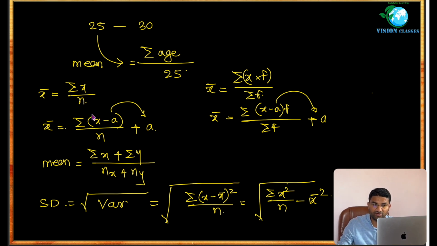Suppose you have the summation of x minus a, and a, then n, you can calculate the mean. Even if the mean is given, you can calculate a, the deviated part. This kind of question they are asking recently, so practice a few of these questions so that you can tackle any kind of question during the exam.